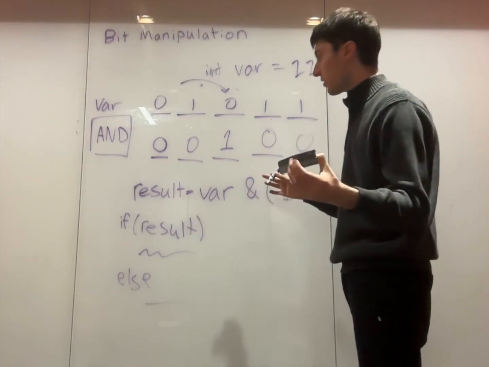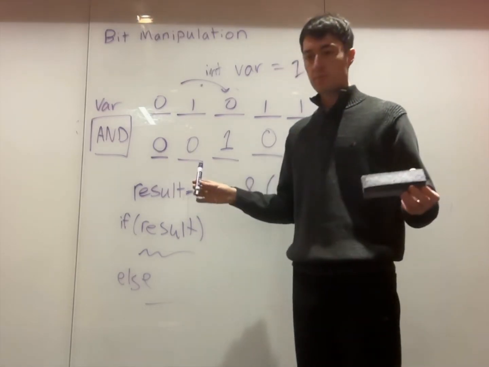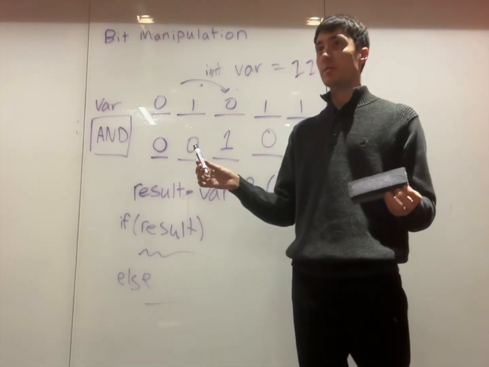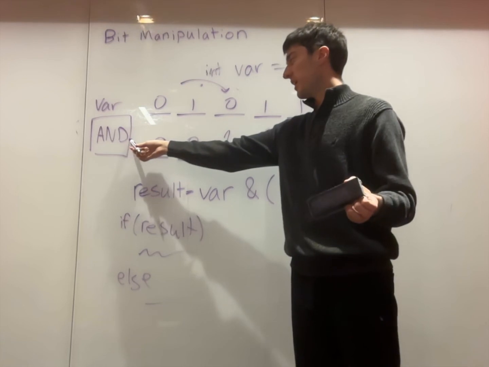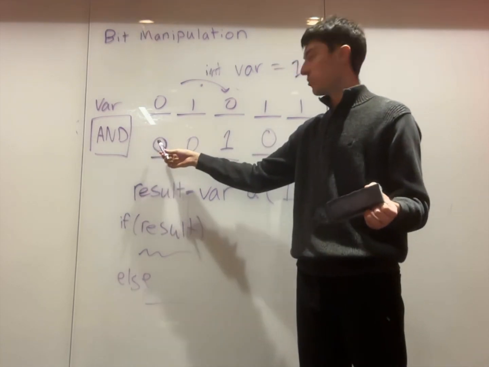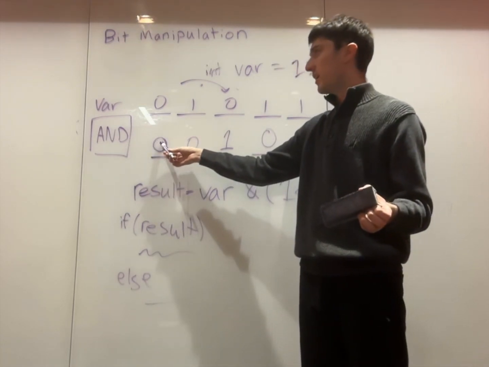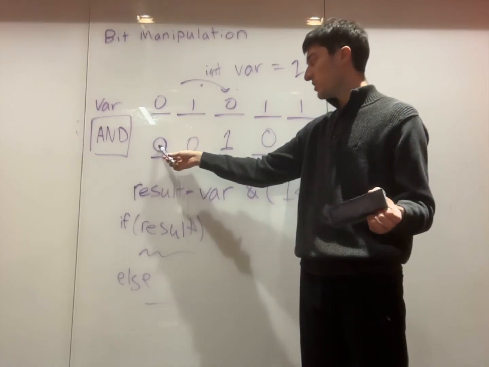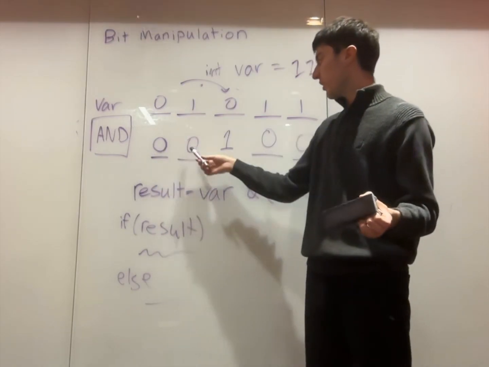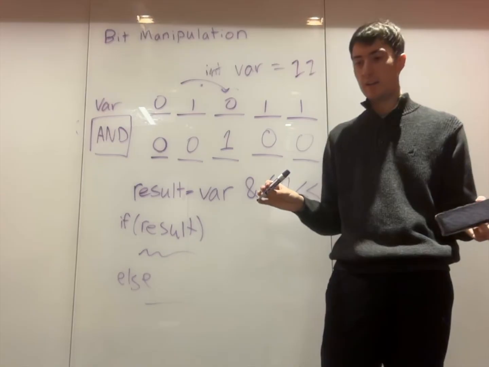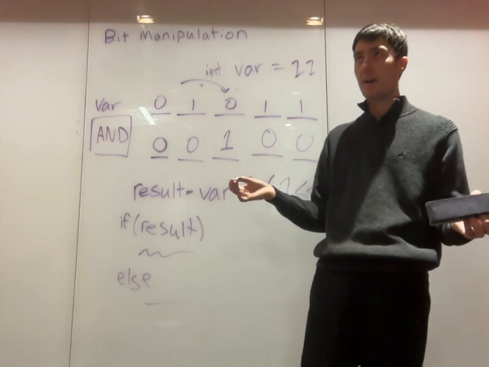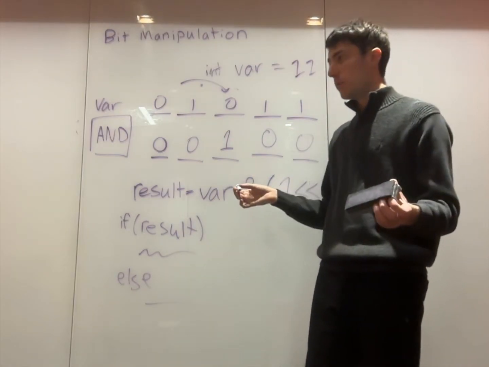So if you want to check if something is set, just think, okay, well I need to do an AND. Then if I do an AND, I need to make sure that I always set every value except the one that I'm interested in to be 0. Okay, well I know that. Now, how do I do that?